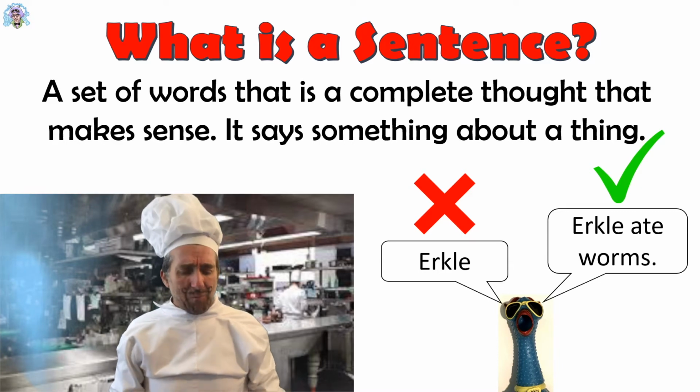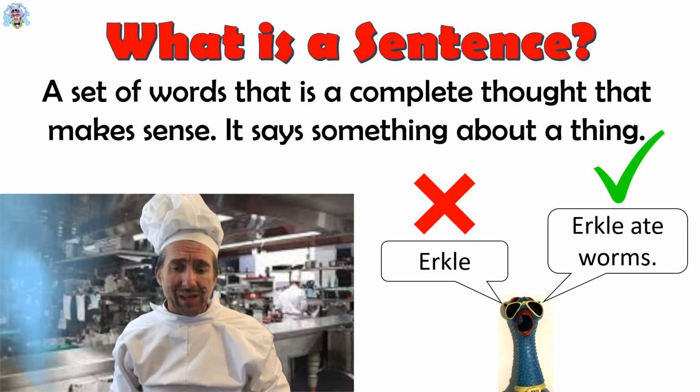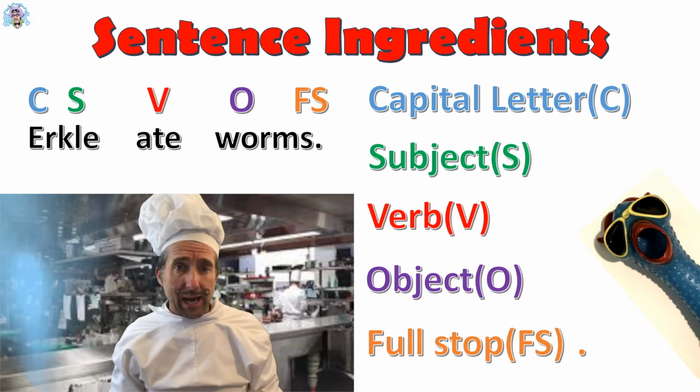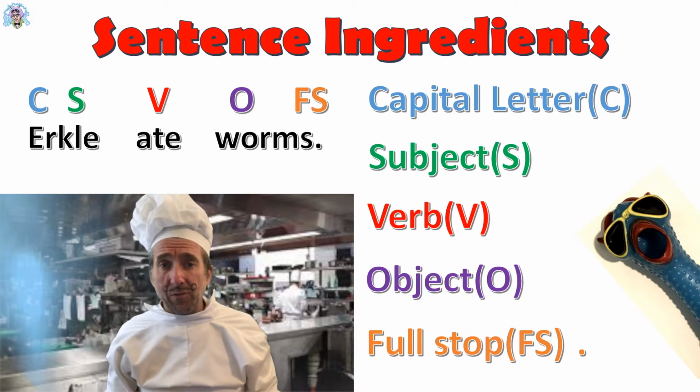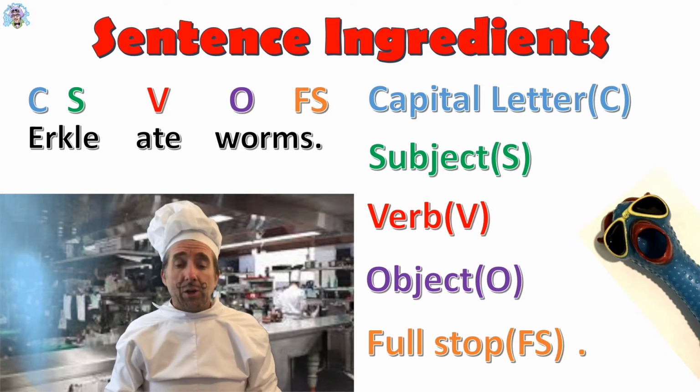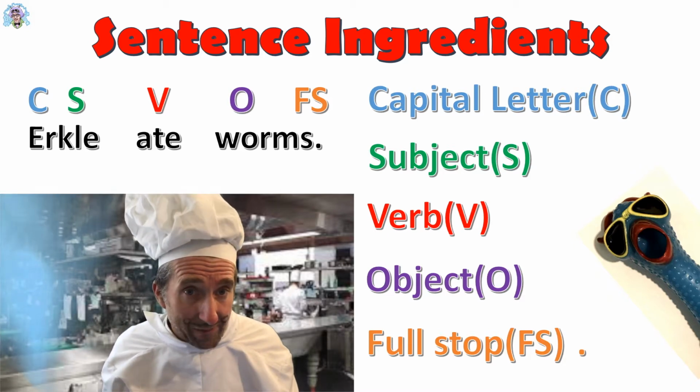Awesome. Now, what are the ingredients to a sentence? Let's quickly have a look. Well, as you can see down here, I've got them listed down in different colours. First of all, you need a capital letter. You'll need a subject. You'll need a verb. You'll need an object. And you'll need a full stop at the end.